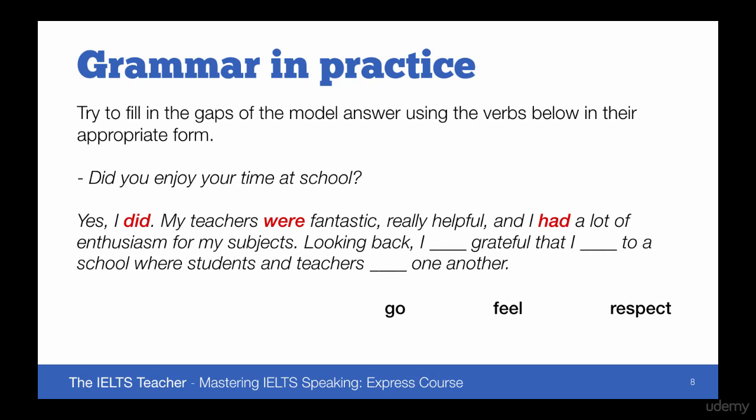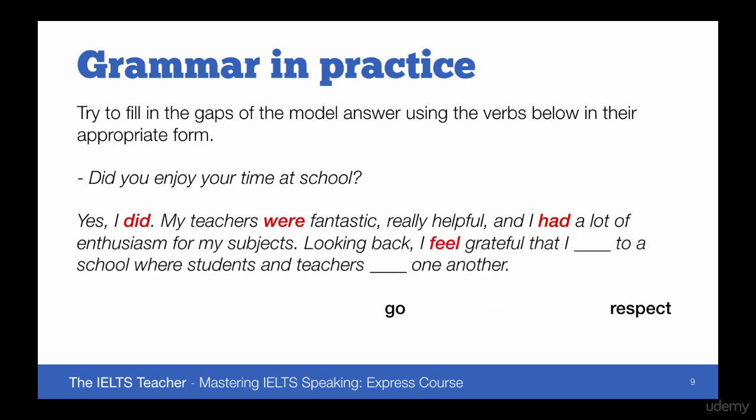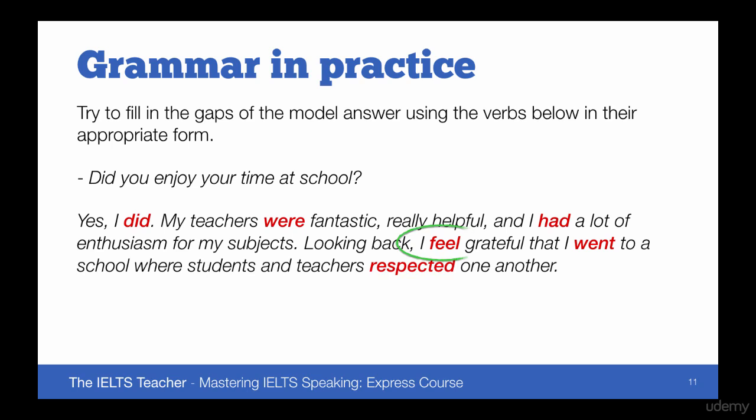Looking back, I feel grateful. Now you may have tripped up on this one. Understandable. We'll look at that in a moment. I feel grateful that I went to a school where students and teachers respected one another. So, as I mentioned, this verb feel is very important here.